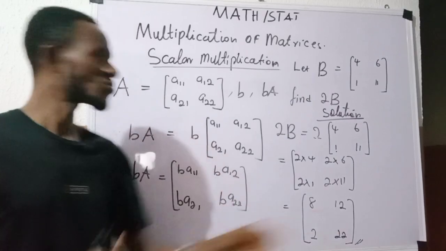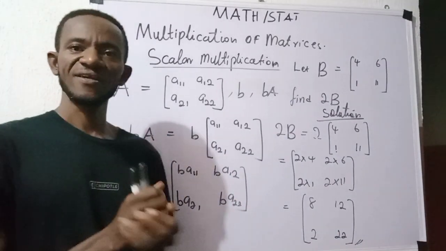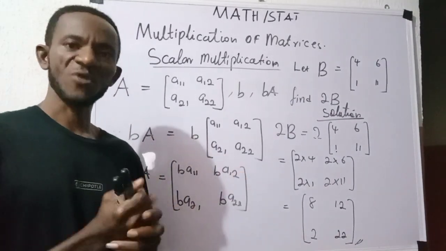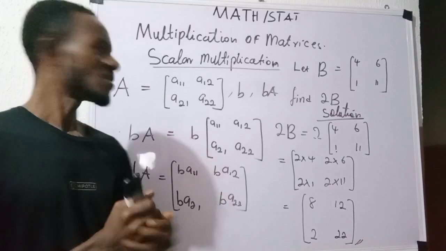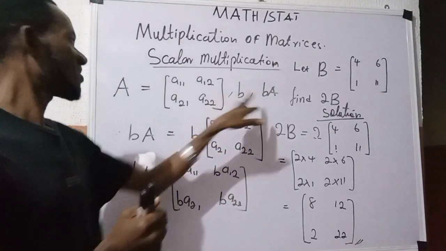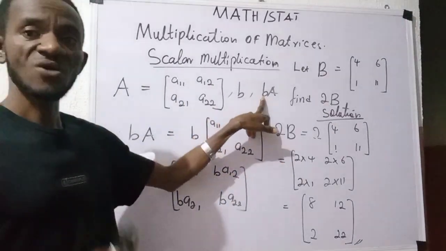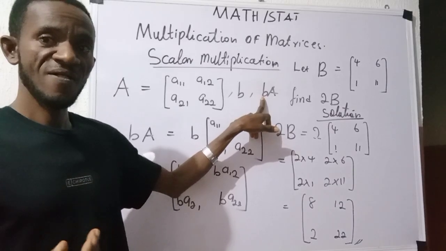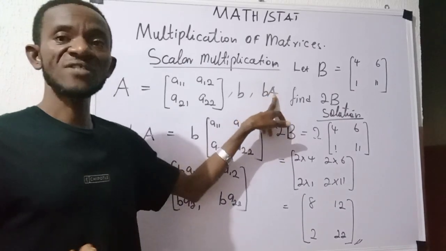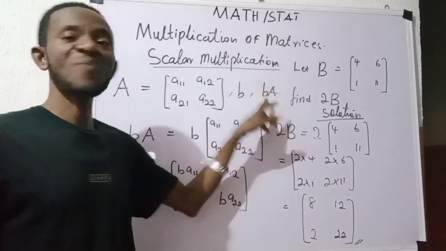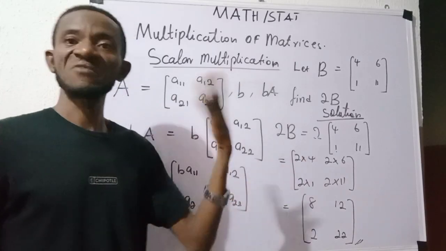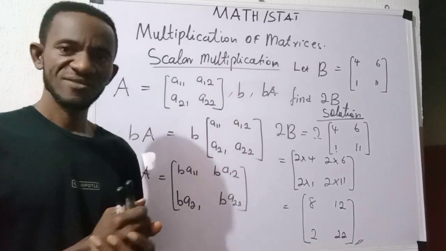This becomes the answer. That's what we call scalar multiplication, where you have a constant or a number used to multiply a matrix, where that number can be a whole number, a fraction, or a decimal.